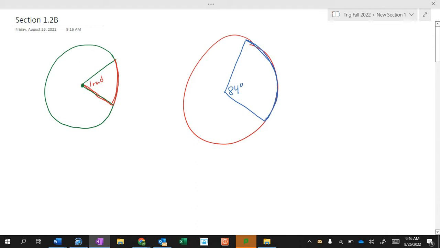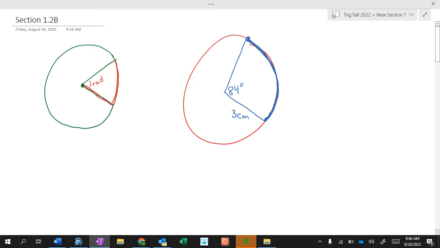I know my circle has a radius of 3 centimeters. How many centimeters is it out here? It wouldn't have to be in radian measure. I want to find the distance of this arc.